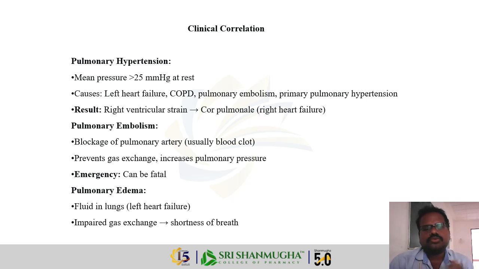The causes may be left heart failure, COPD, pulmonary embolism. All these may be the factors. Then pulmonary embolism, there is a blockage in the pulmonary artery. And what is pulmonary edema? That is fluid accumulation in the lungs.